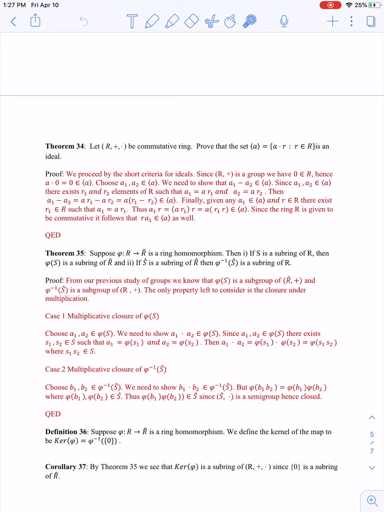And there you have it. I've just shown that phi of this is in S hat, hence it's closed under dot, and that's all I need to show it's a semigroup. All right, time is up, and so I'm going to stop there, and we're going to pick up definition 36 next time.